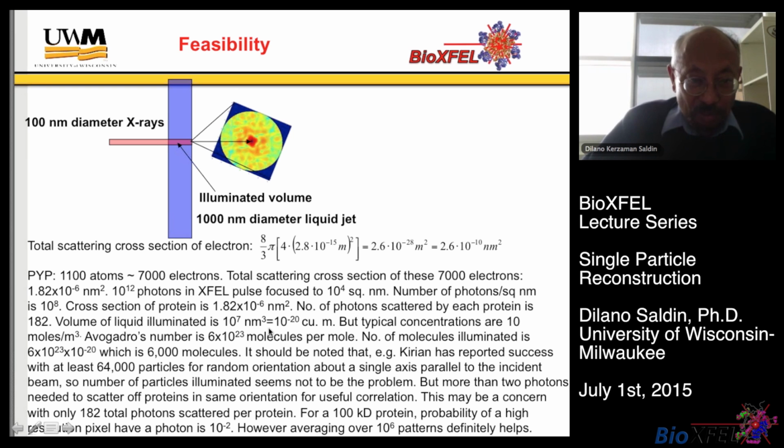Therefore, the volume of liquid illuminated is about 10 to the minus 20 cubic meters, but typical concentrations are about 10 moles per cubic meter, and Avogadro's number is about 6 times 10 to the 23 molecules per mole. Therefore, the number of molecules illuminated is about 6 times 10 to the 23 times 10 to the minus 20, which is about 6,000 molecules.